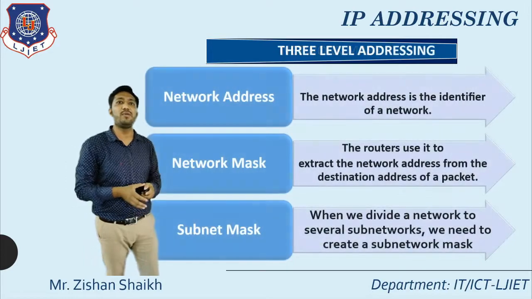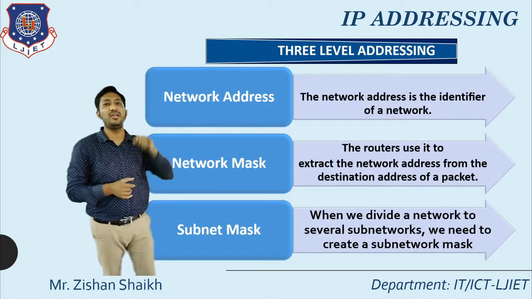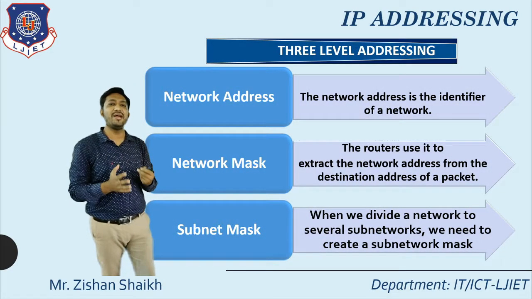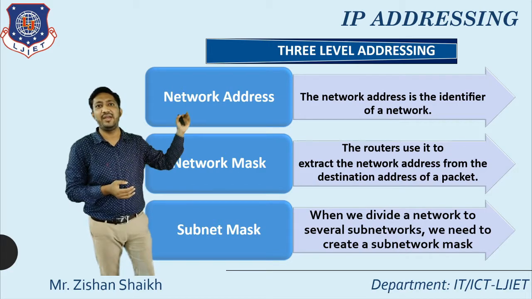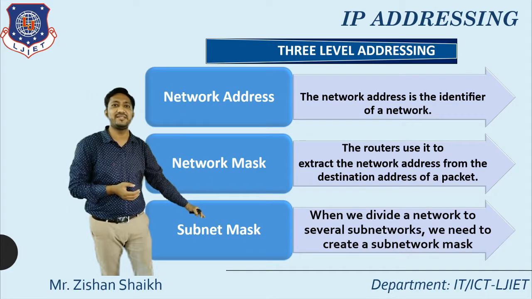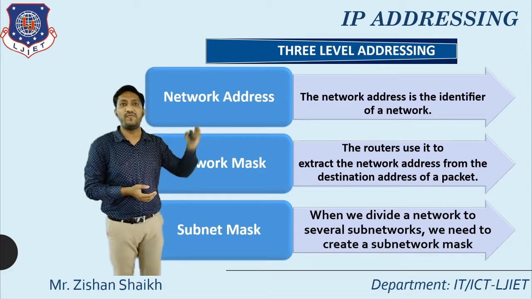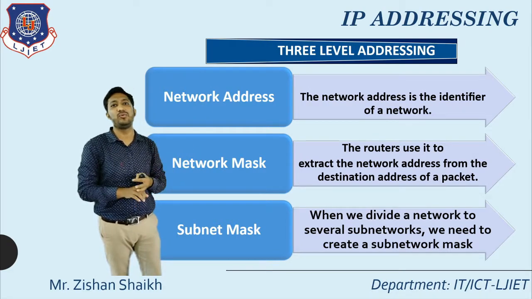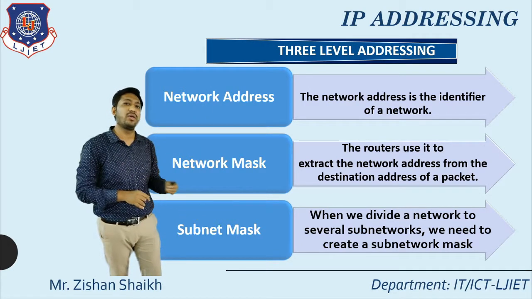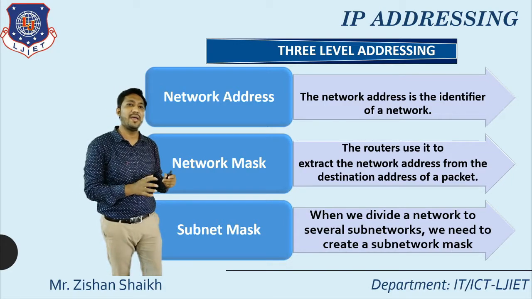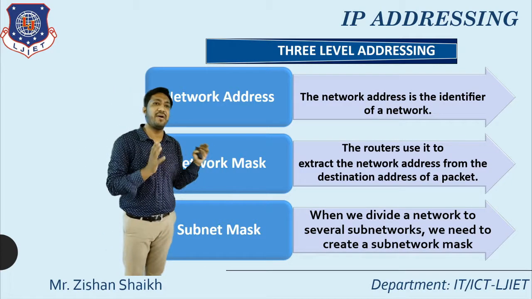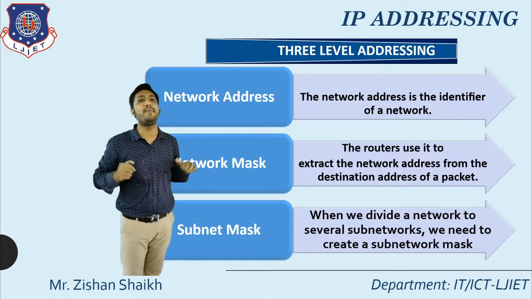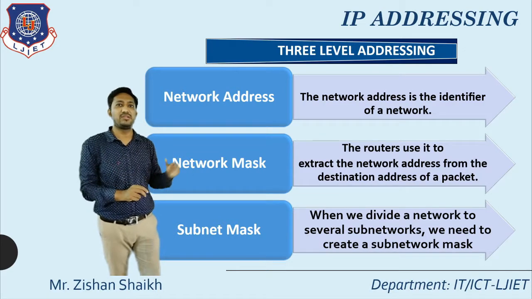Now we are moving to the next topic, which is three-level addressing. When we are talking about three-level addressing, it contains an extra portion, that is the subnet mask. The first two portions already cover two-level addressing, but the subnet mask is used when we divide a network into several subnetworks.